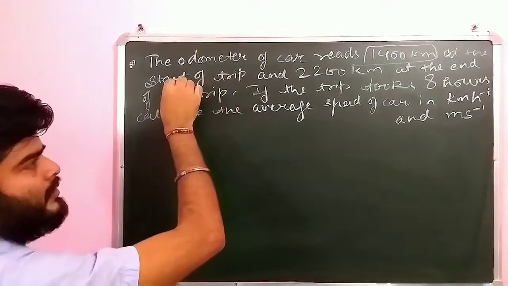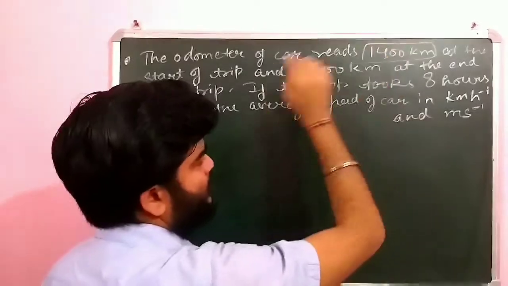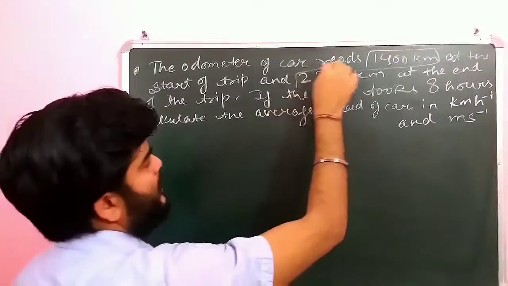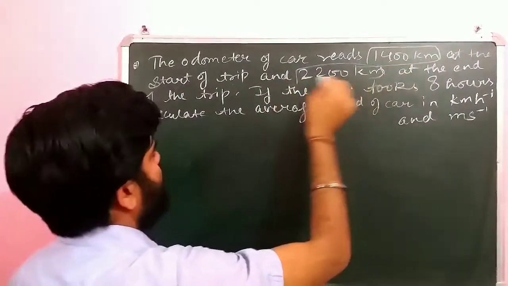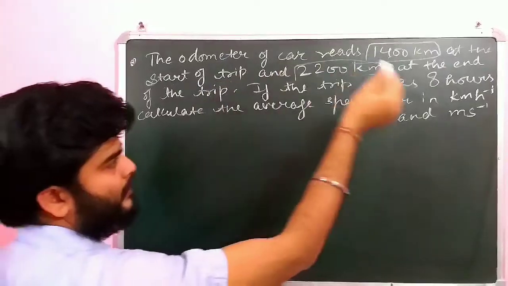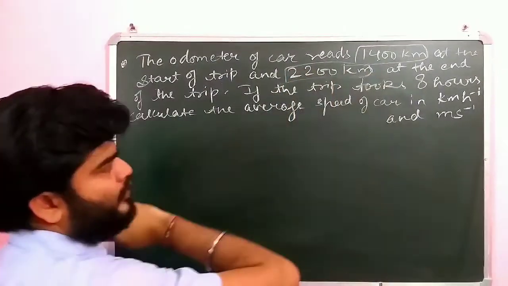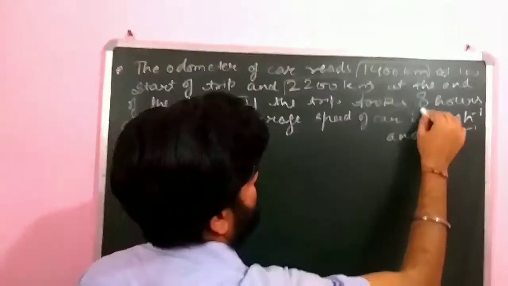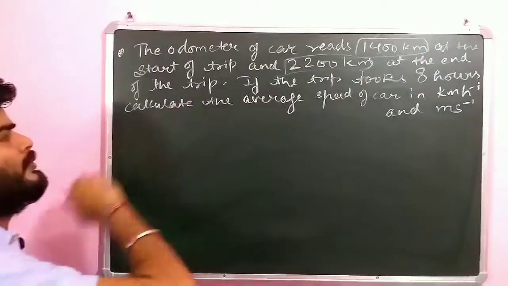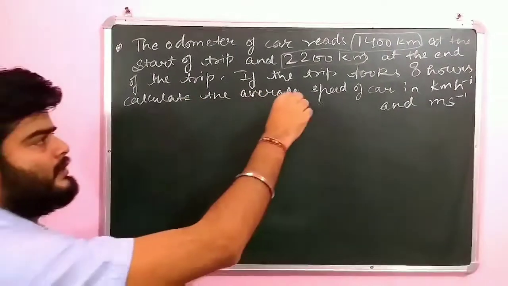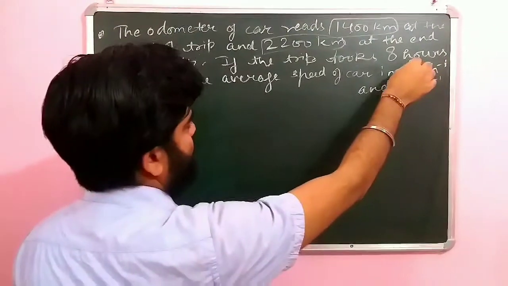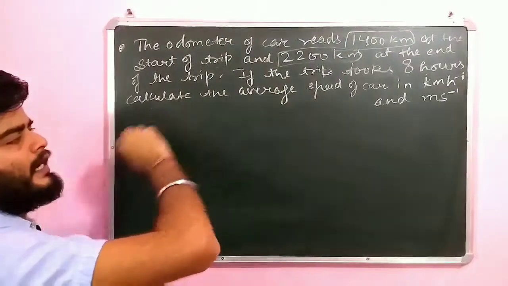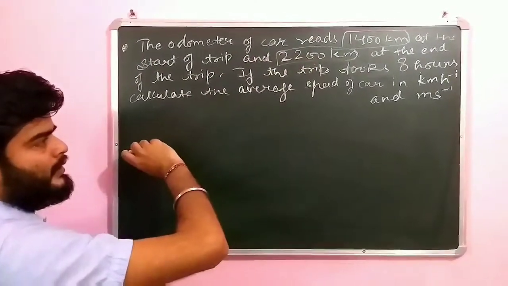It means when the trip started, its odometer was showing 1400 kilometers, and 2200 kilometers at the end of the trip. The whole trip took 8 hours to complete. Starting was 1400 kilometers and at the end it is showing 2200 kilometers.